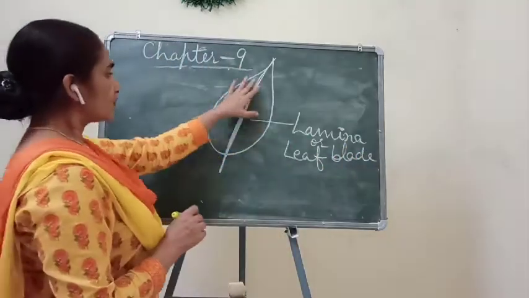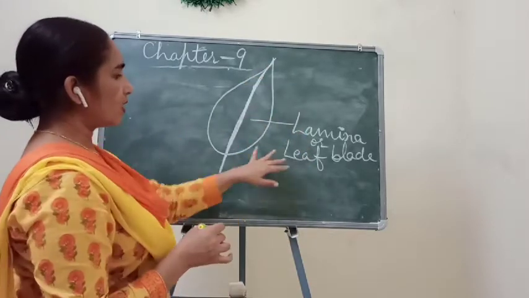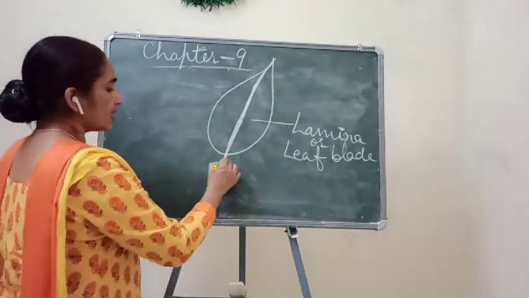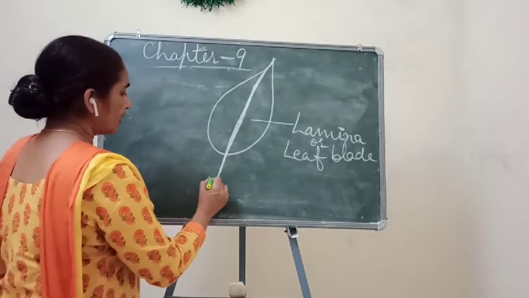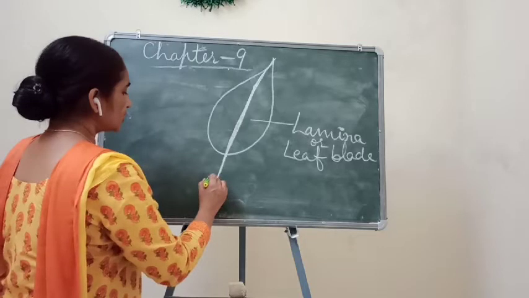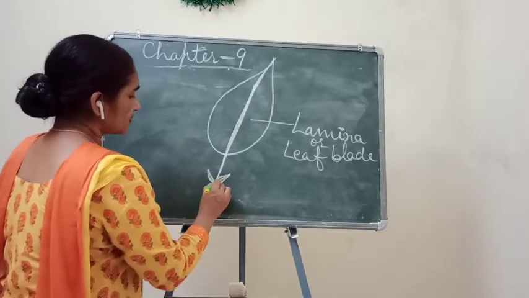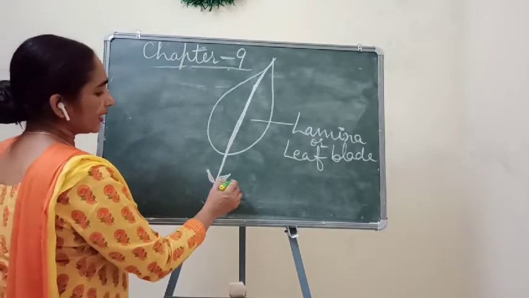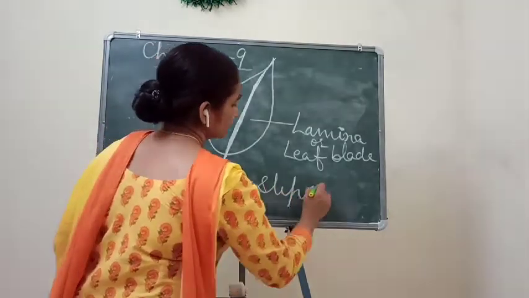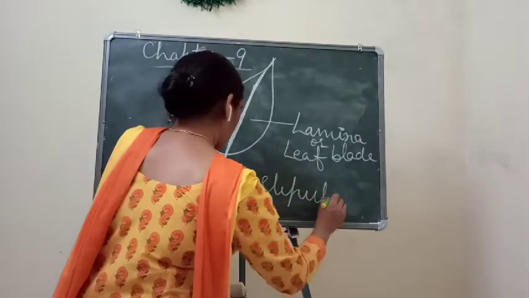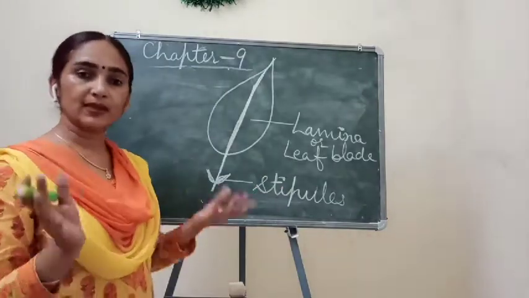Some of the leaves have small leaf-like structures present here just below their base. They are called stipules. And children, stipules are not present in all the leaves.